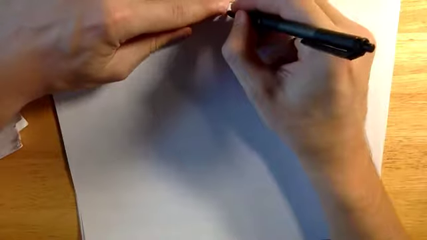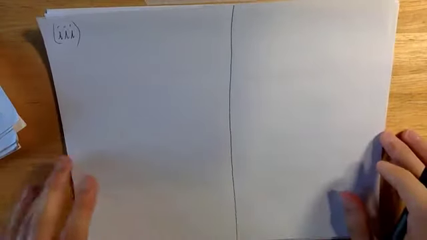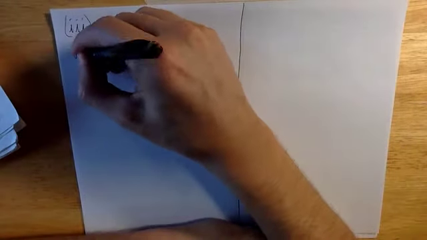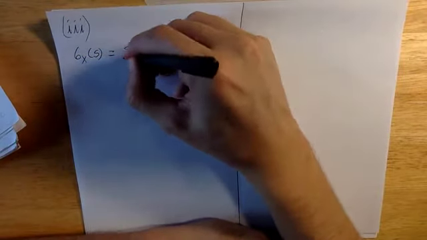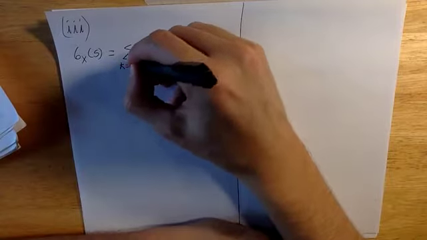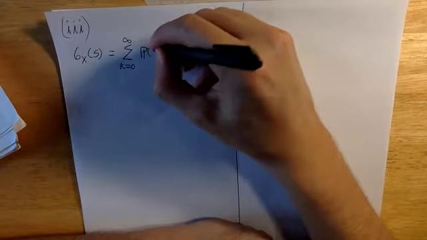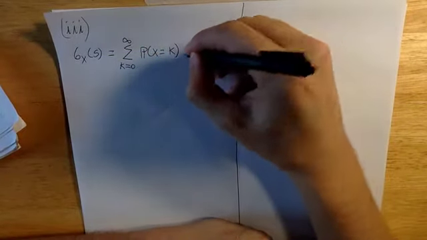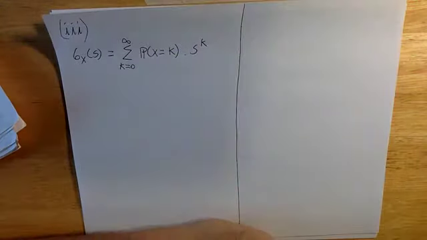So for part 3, we're going to wave our hands a bit. Let's see, g_X at s is equal to the sum from k equals 0 up to infinity of the probability that X is equal to k times s to the k.